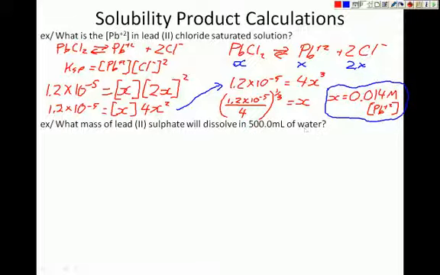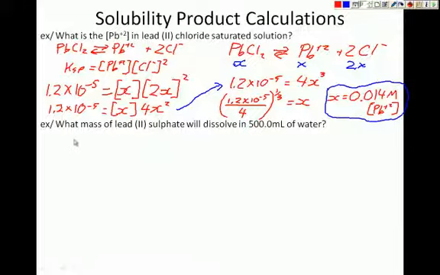Okay, so we did pretty much the exact same kind of thing as with Keq. This time though, Ksp is given to us, and we just have to look it up on our table. The other one we talked about was lead 2 sulfate, which we looked up on our table, and if you remember, the Ksp for that is 1.8 times 10 to the minus 8. This one says, what mass of lead 2 sulfate will dissolve in 500 milliliters of water?